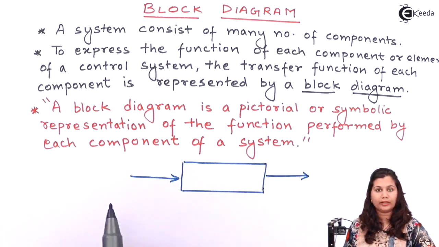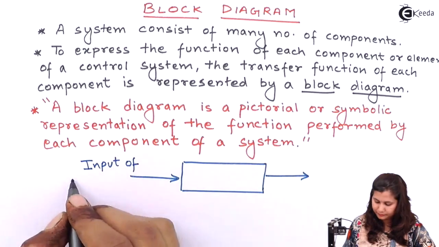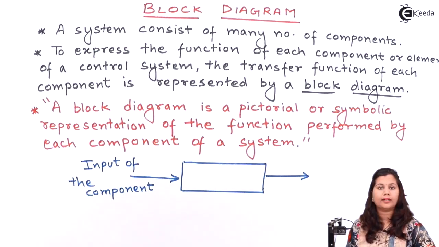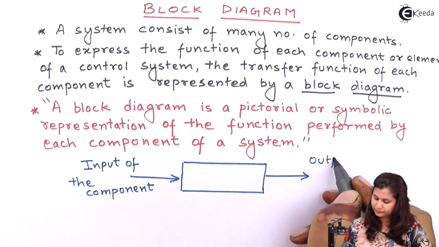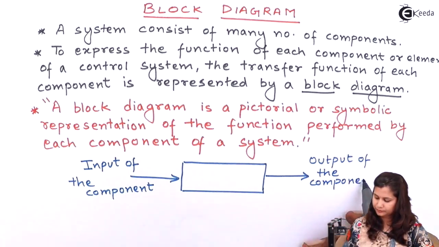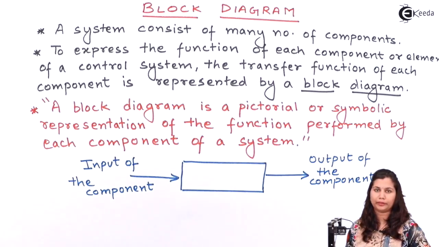This inward arrow shows the input of the component. And the outward arrow shows the output of the component. This block shows the transfer function of the component.